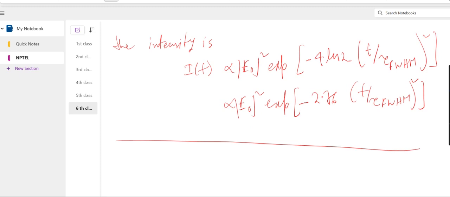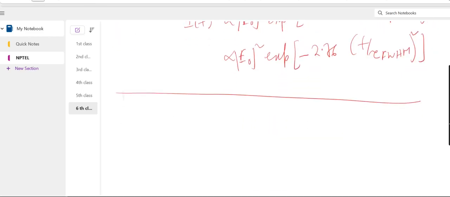So this is how we generally express the Gaussian pulse in the electric field and the intensity.